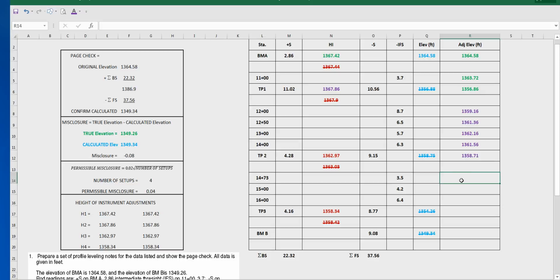Now, on the next set, I'm going to go ahead and change that to orange. So this will be orange also. So now I'm going to use 1362.97 minus 3.5. Oops, equal sign. Ugh. So that's 1359.47.